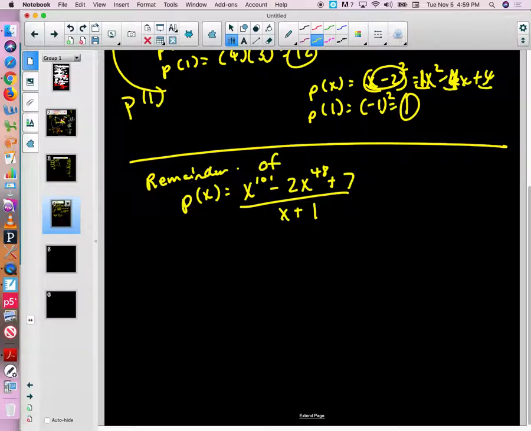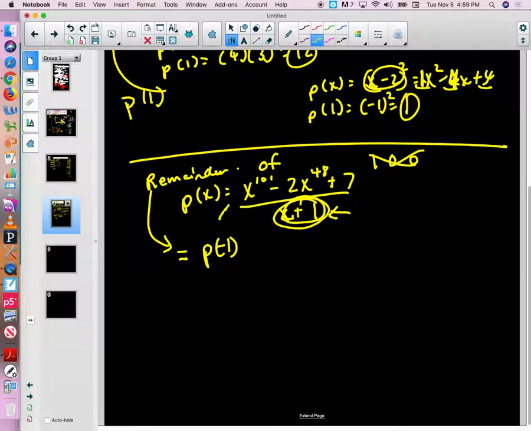And if you try to do long division, it'd be horrible. Synthetic division won't even work either because you would have to have your coefficient 101, then you'd have to have a 0, 100, 0, 99. Don't do that. The remainder is always equal to P of the root of the bottom of this, which gives you negative 1, like what makes this 0.